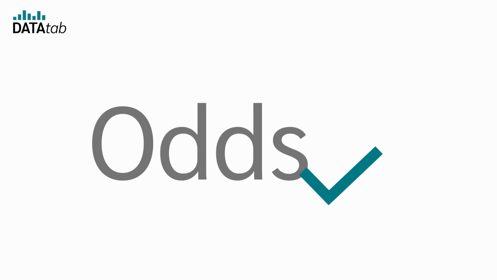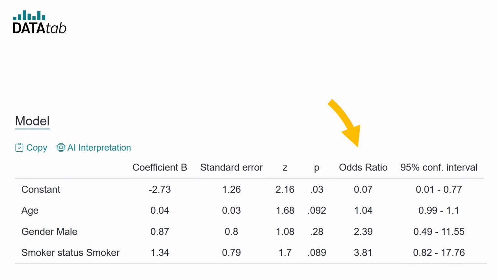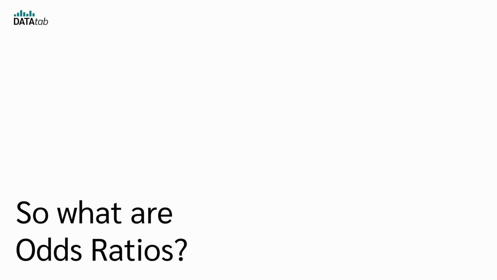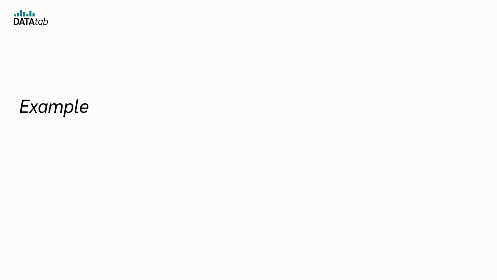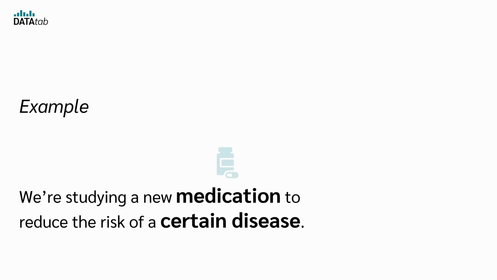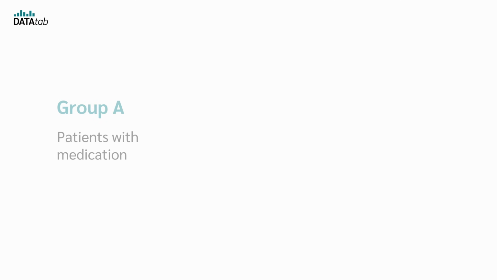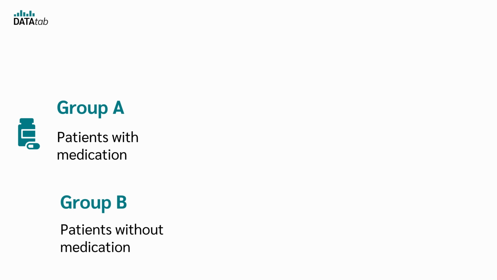Alright, now that we understand odds, let's talk about odds ratios. So what are odds ratios? Let's look at the example from the beginning. We are studying a new medication to reduce the risk of a certain disease. So we have a group A, patients with medication, and a group B, patients without medication.